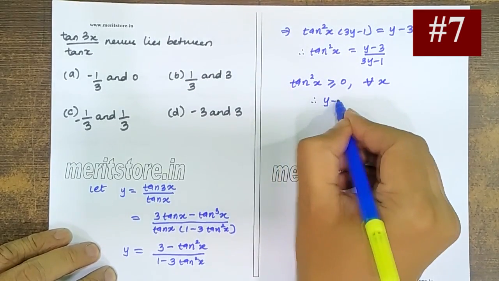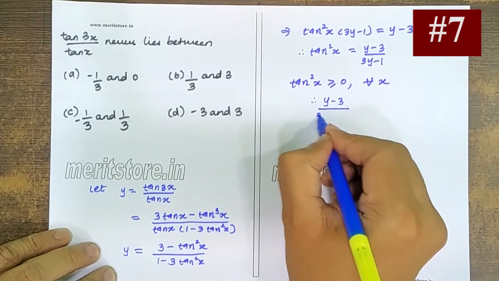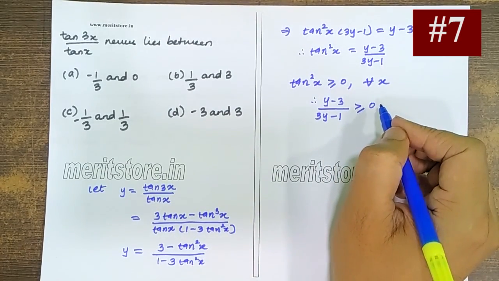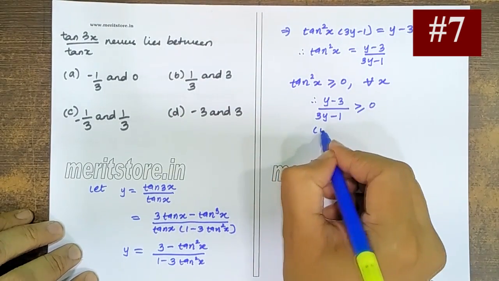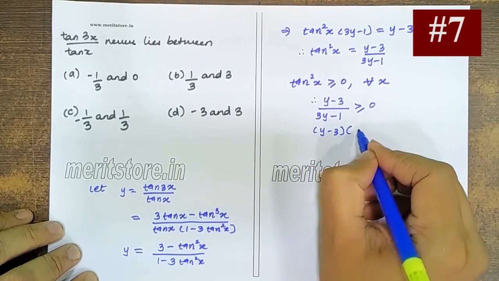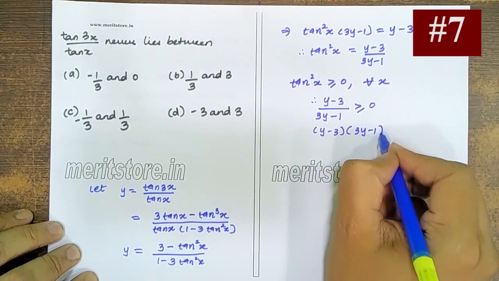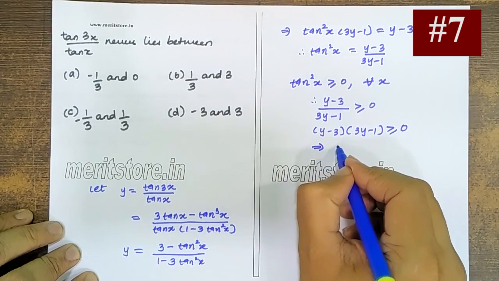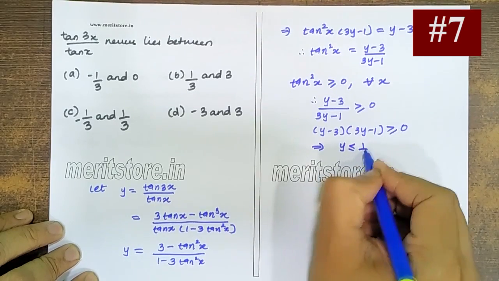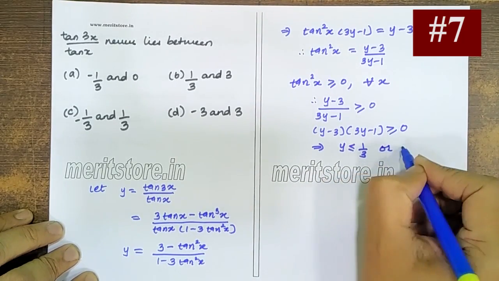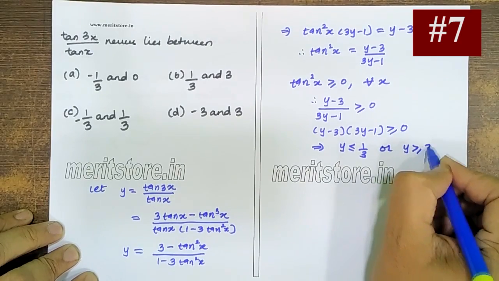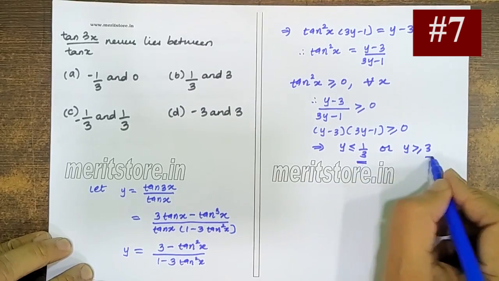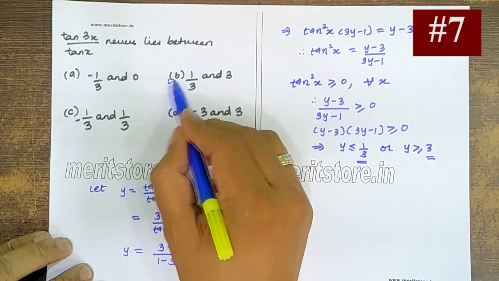So therefore y minus 3 upon 3y minus 1 will always be greater than or equal to 0. So that will give you y minus 3 into 3y minus 1 will always be greater than or equal to 0. So this will give you y is less than or equal to 1 by 3 or y is greater than or equal to 3. So it lies between 1 by 3 and 3. So B is the correct answer.